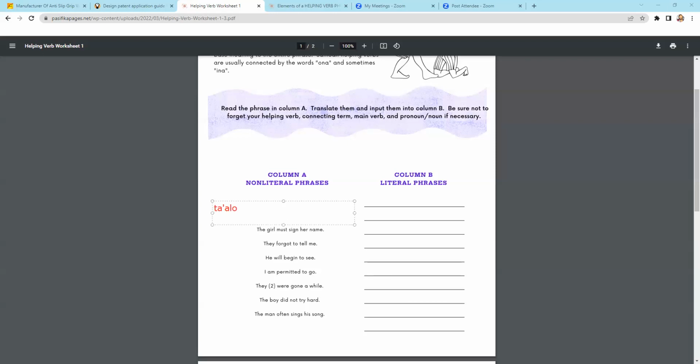And what's the other word? 'Masani' is usually. There we go. All right, so if we were to say 'she usually plays', how would we say that?